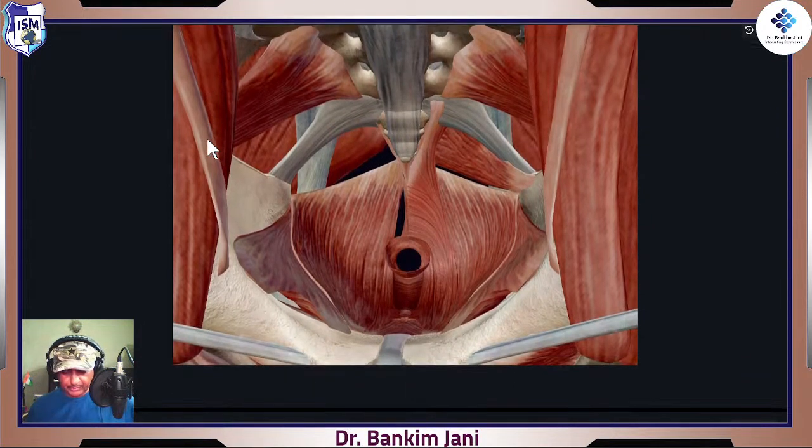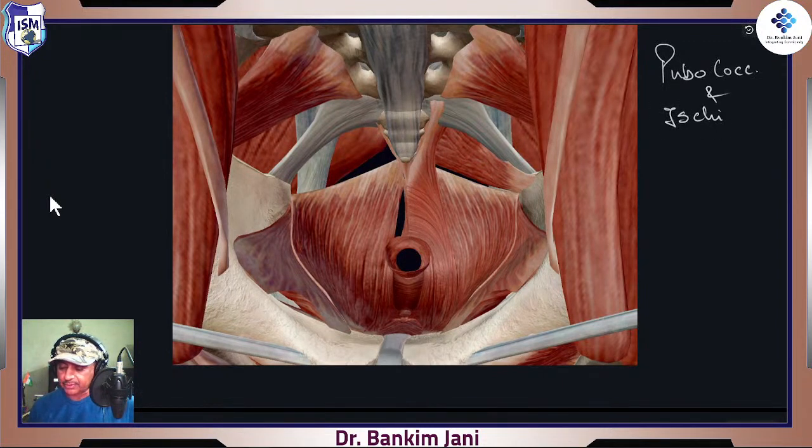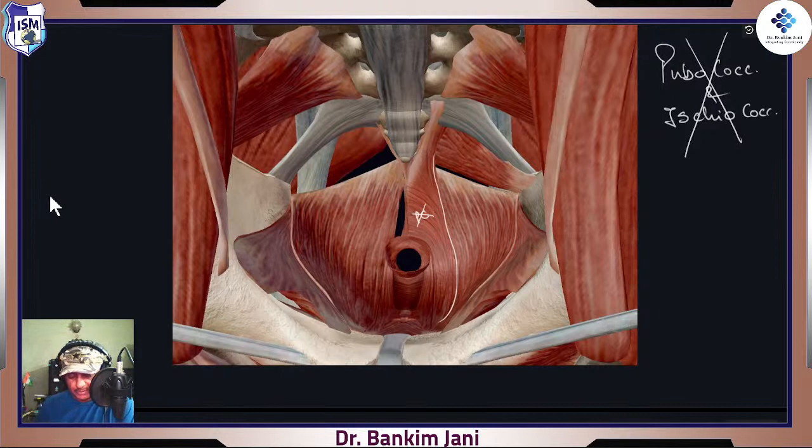Okay. Now we have done one extra thing in this. Just for the understanding, we removed, on one side, the pubococcygeus and, from the opposite side, the ischio-coccygeus. This is just to give the understanding that these two muscles have been removed. So see, this is pubococcygeus removed, and this one is ischio-coccygeus removed.